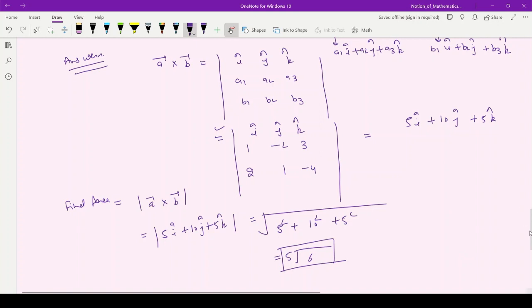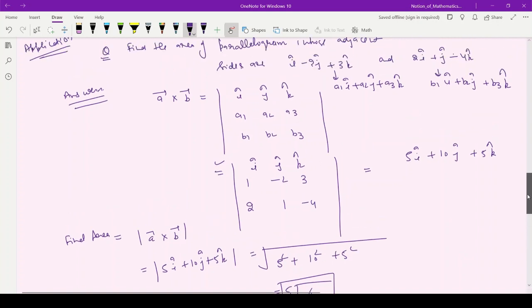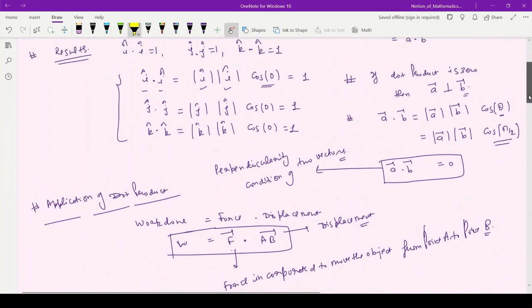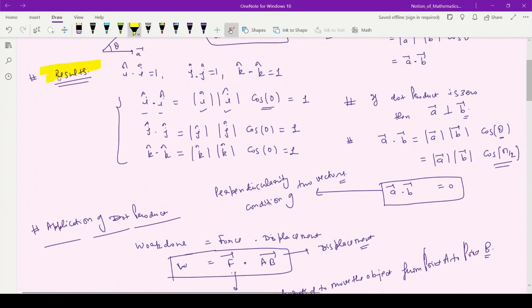So students, what we have learned today, we have learned few things about dot product. What is the meaning of dot product? Thereafter one property, that scalar product is commutative. After that I gave you few results based upon dot product.